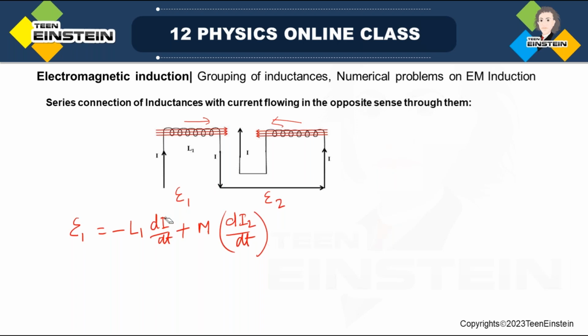I1 means I and I2 means minus I. So the current is the same, but in the opposite direction. That's why this particular term will be positive.